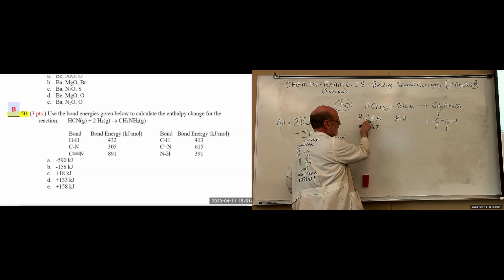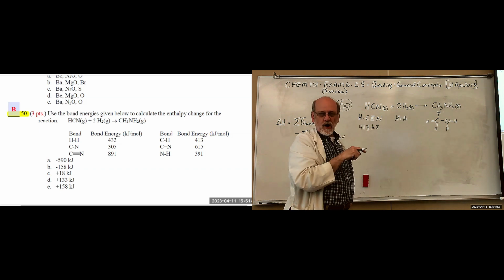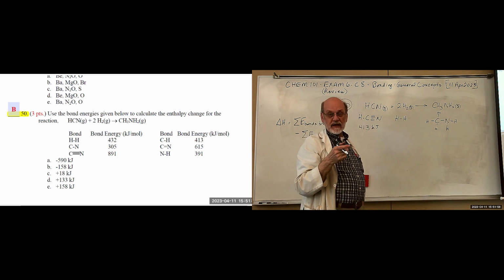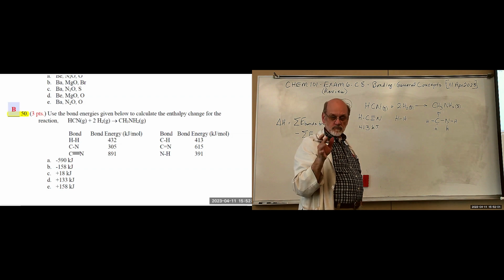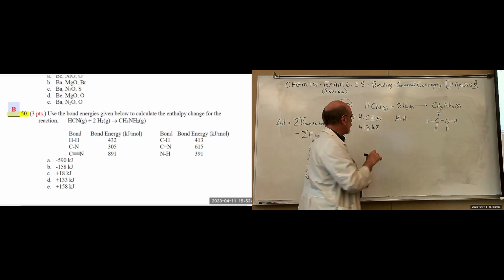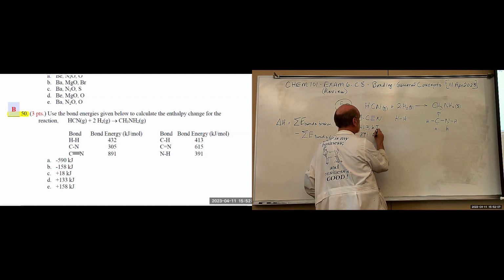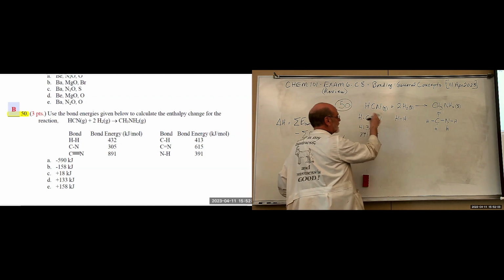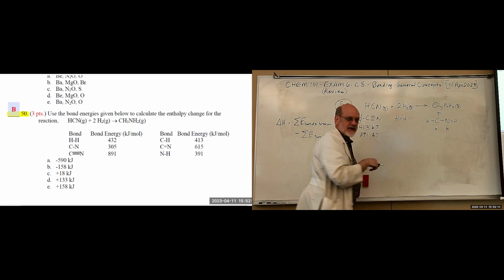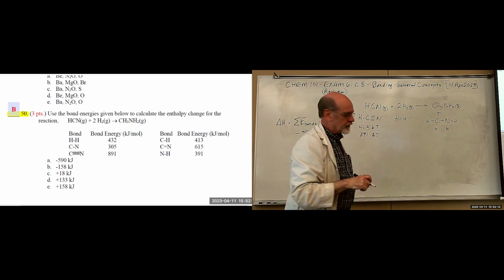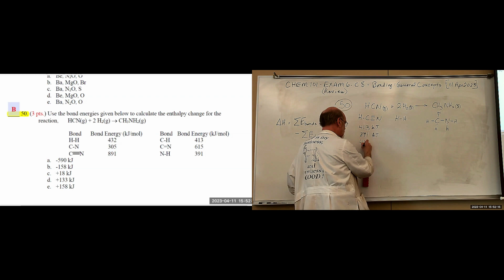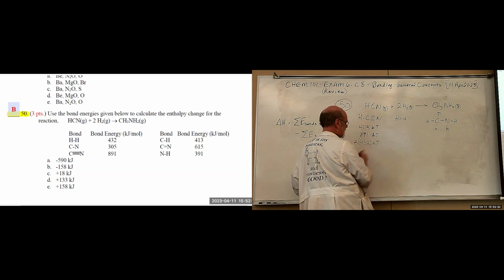Then a carbon-nitrogen triple bond is 891 kilojoules. There's only one of these. Then we've got a hydrogen-hydrogen bond, which is 432, but there are 2 of them. Okay.